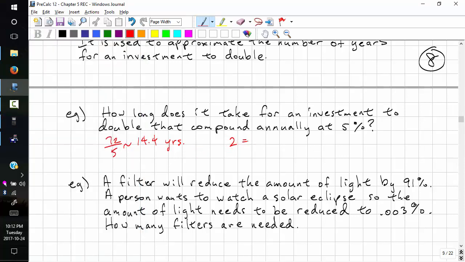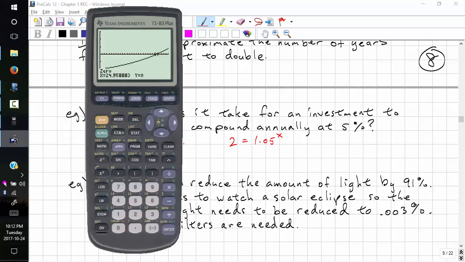Double means 2, 1.05 to the power of x. We solve this on our graphing calculator. 1.05 raised to the power of x minus 2, and graph. Fortunately, that domain and range works for us.